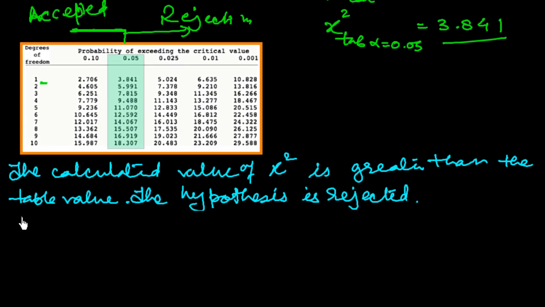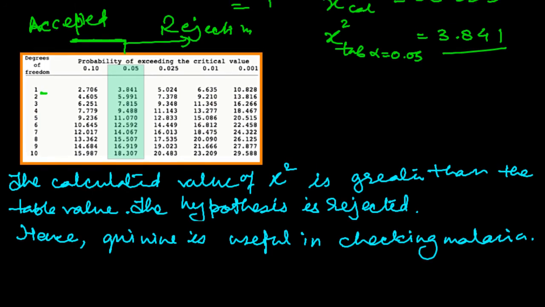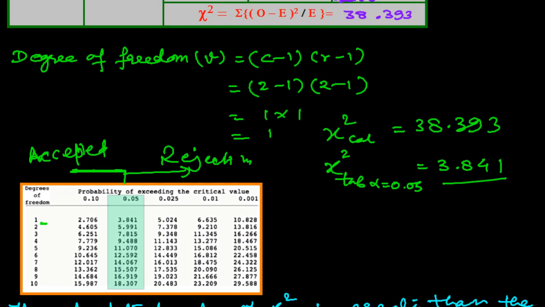It means quinine is useful in checking malaria. So in this way we could arrive at the conclusion of any assumption or hypothesis through chi-square.